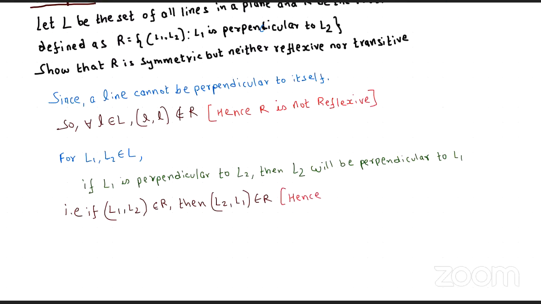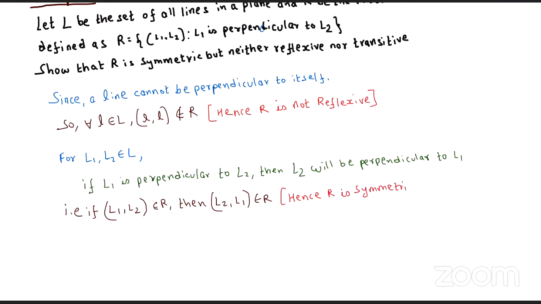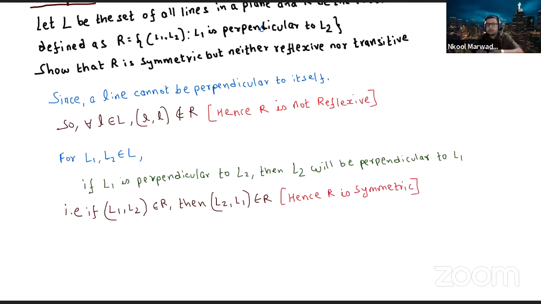We have to show that it is not transitive also. Yes, we can show that. So for transitive, we can take 3 lines.